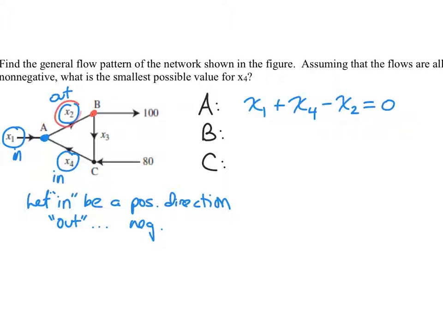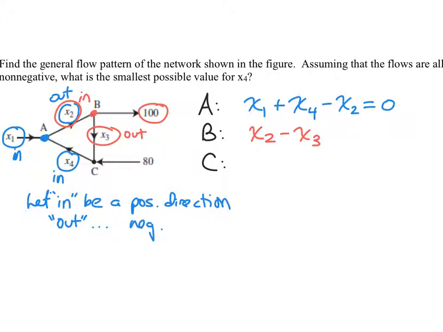All right, and so at B, we have x2 coming in now. So that's a positive x2 based on my definition there. x3 is coming out, so minus x3.